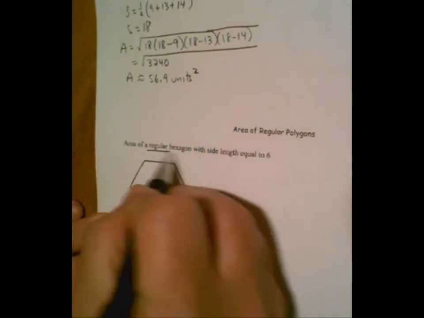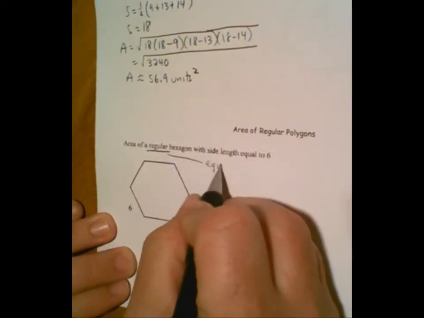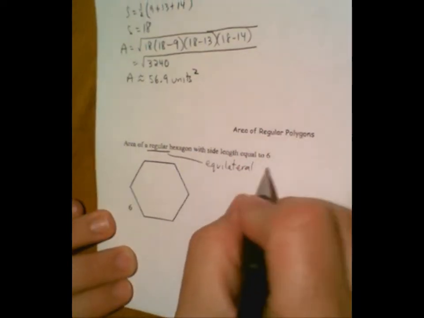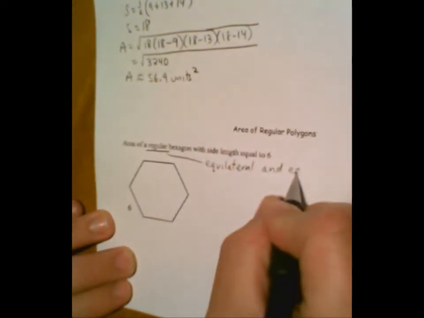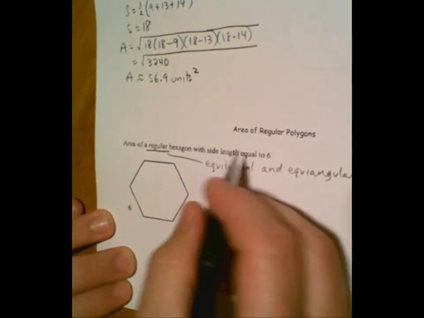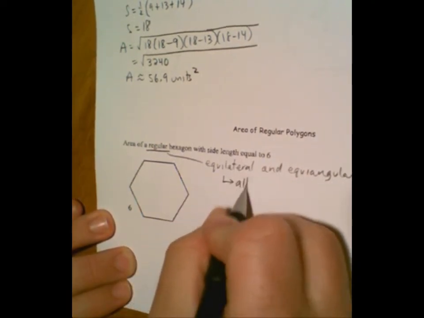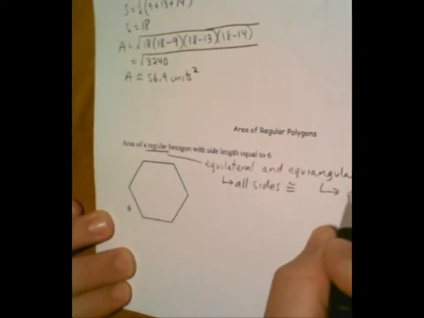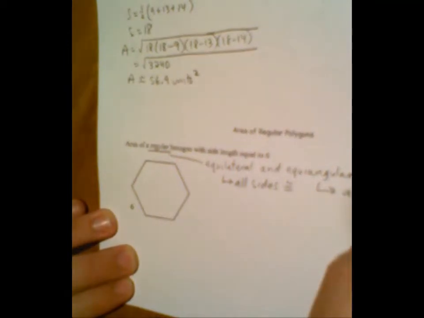That's what the word regular means. Equilateral, all sides congruent. Equiangular, all angles congruent.